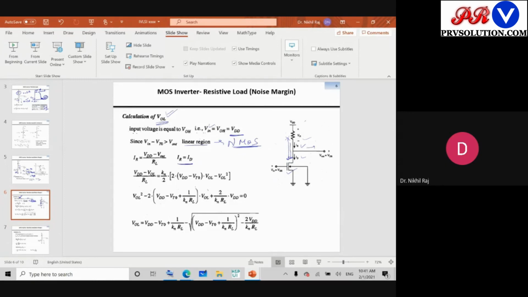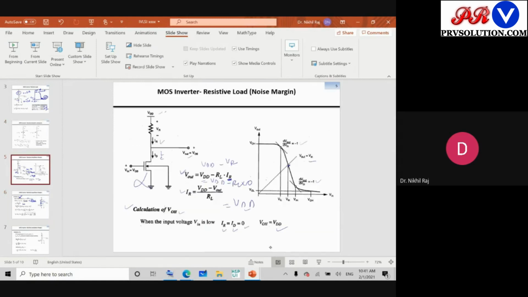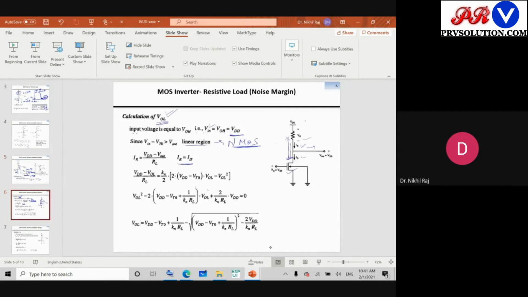Also, from here we have seen the IR expression: VDD minus V out by RL. So we'll substitute IR equals this value into the linear equation.